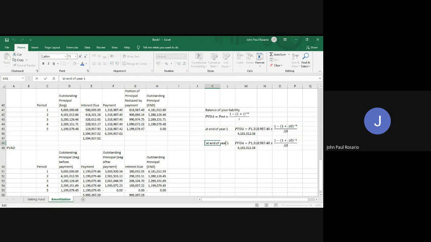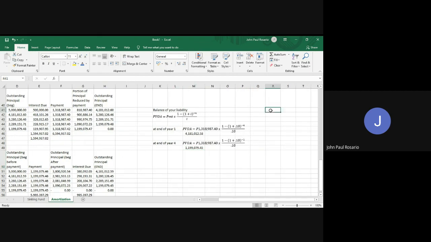At the end of year 4, since only one payment is left, your balance should be 1,199,047.79.45, with just a small discrepancy. Now, if the question is, what is the interest expense?